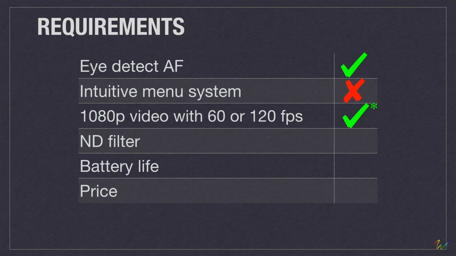It does 1080p at 60 frames per second. I can go up to 120 frames per second at 720p. There's a neutral density filter, 3 stops. The battery life is pretty good, although I'd recommend walking around with a spare battery. And as far as price goes, well, it's not the top-end camera, but it's still rather expensive.